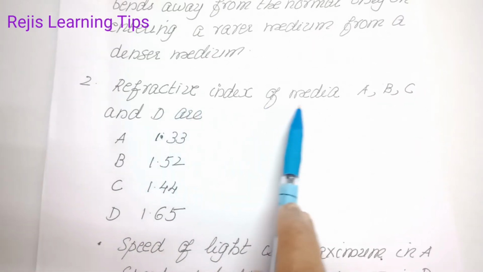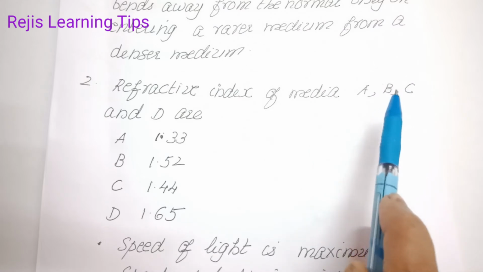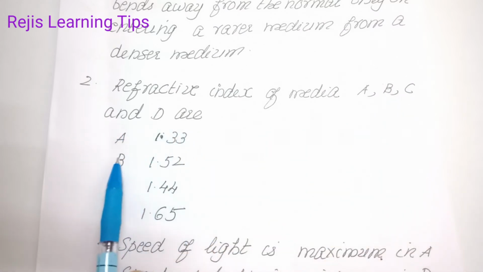The refractive indices of media A, B, C and D are A 1.33, B 1.52, C 1.44, D 1.65.